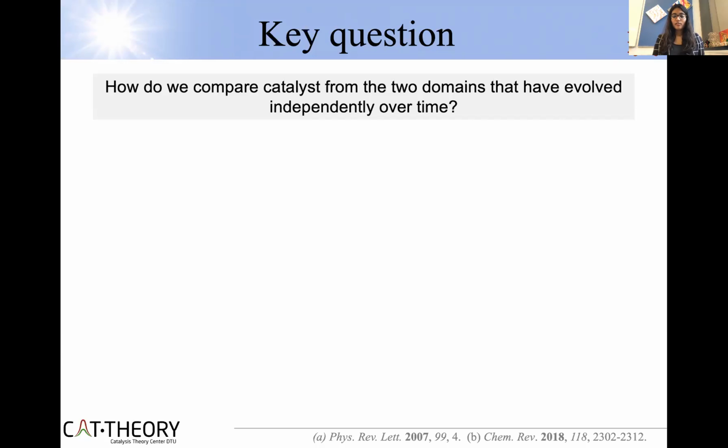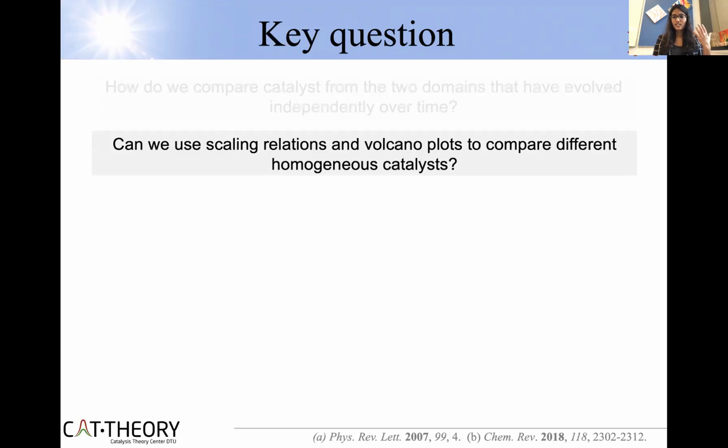Coming from a group with a PhD training in homogeneous catalysis to a postdoc group where they mostly excel in heterogeneous catalysis, I was intrigued, and I asked myself: can we use scaling relations and volcano plots to compare different homogeneous catalysts? Because in the heterogeneous domain, this is a very standard, very well-known concept, but for the homogeneous, it is not.